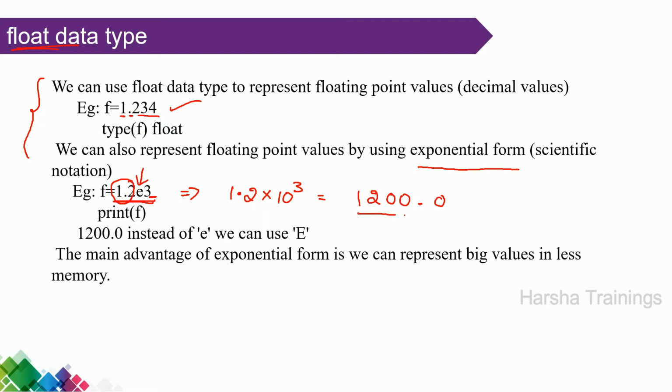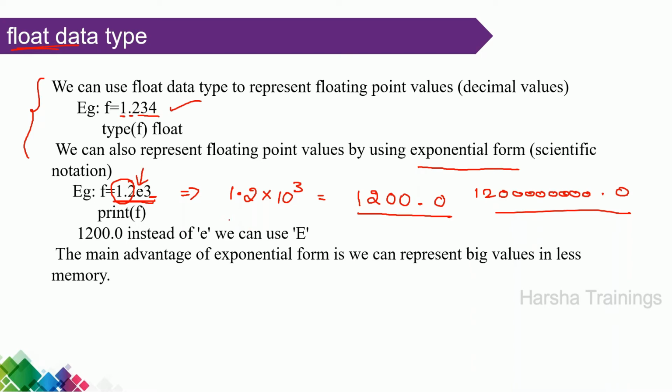If you want to represent a number like this with many zeros, it is somewhat difficult to overcome, so we use this E. Here E is either uppercase or lowercase.